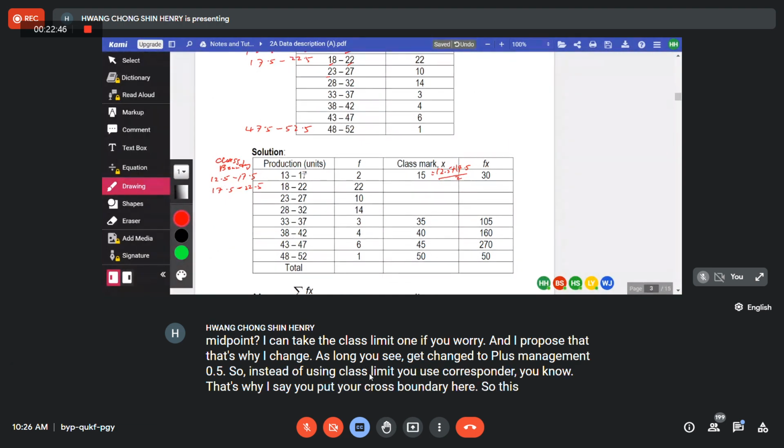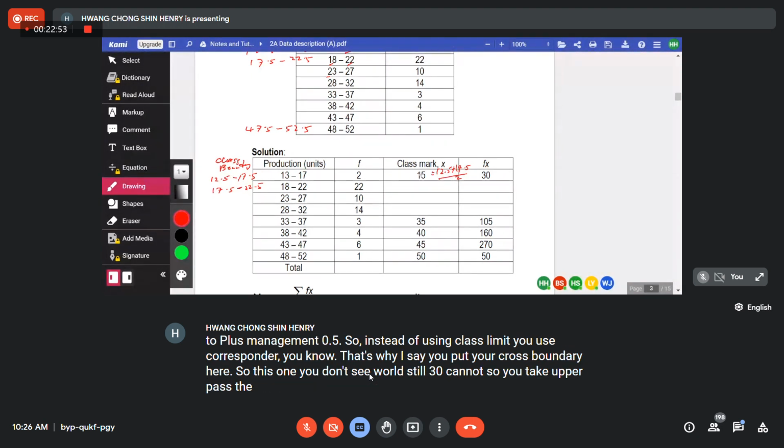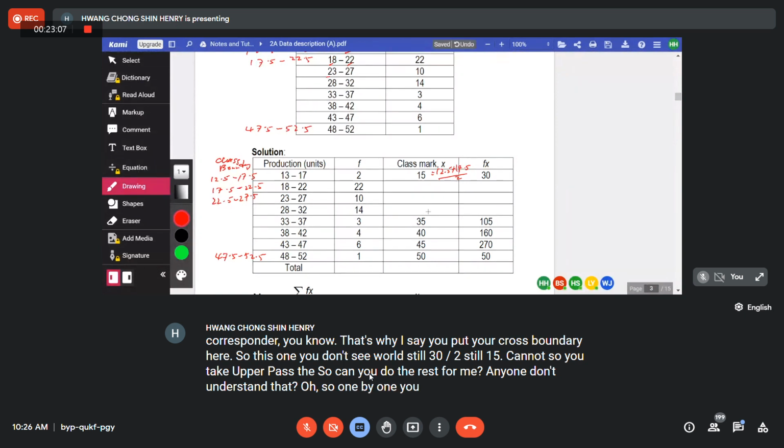So you take upper plus lower, still 30, divided by 2, still 15. So can you do the rest for me? Anyone don't understand that? So one by one you plus upper and lower divided by 2, you get your class mark.